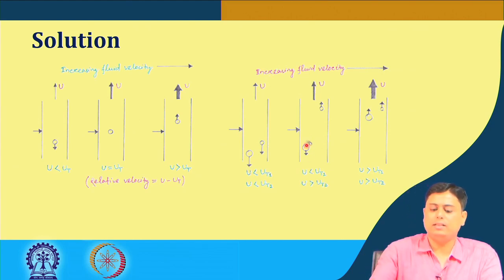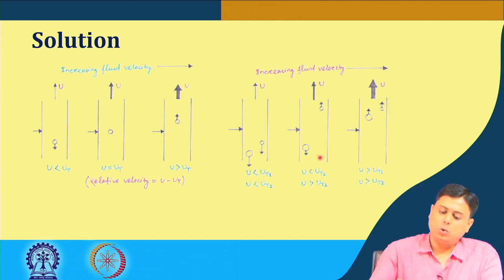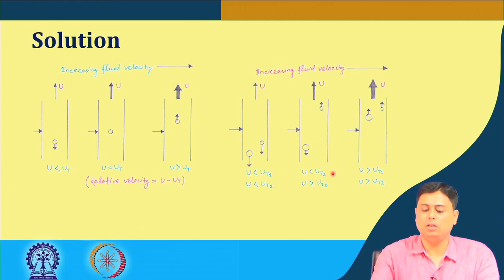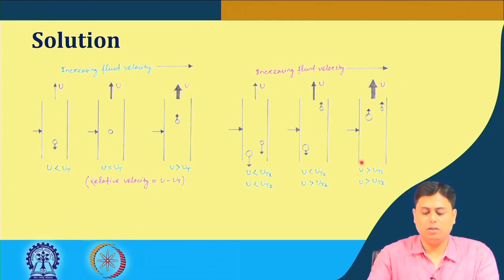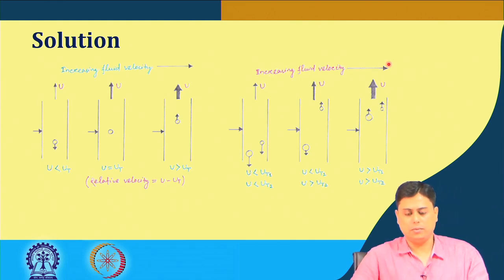So as the size increases, the terminal velocity will increase. We have seen this in numbers as well. So in this case, a few particles will go away and a few particles will come down, based on this terminal velocity range. And if this rising stream velocity is very high, it will carry away all the material from this region.